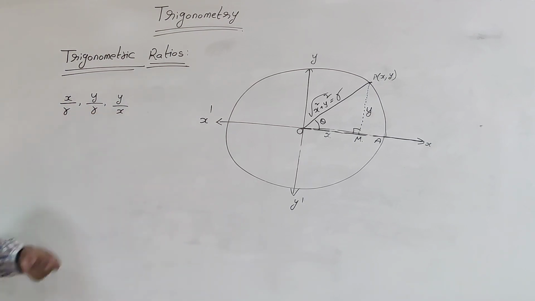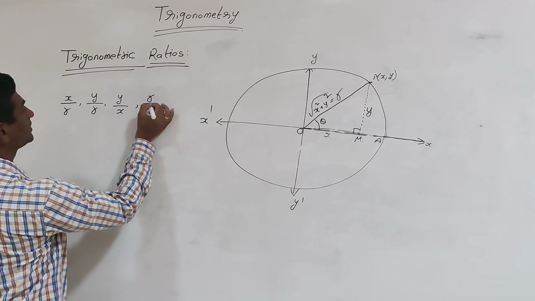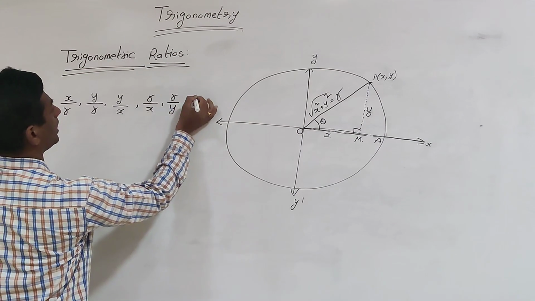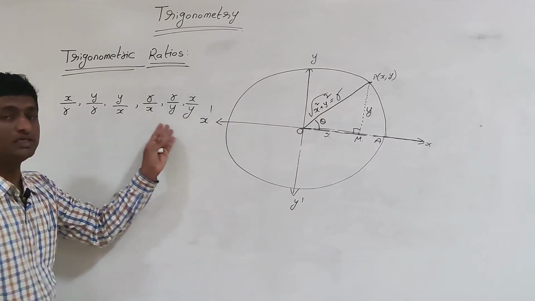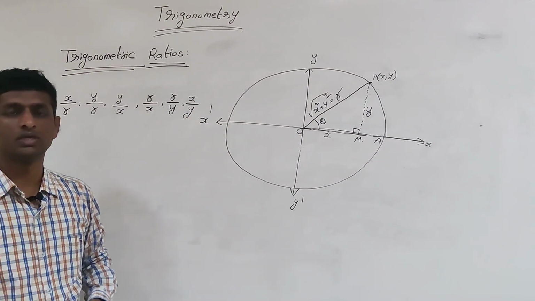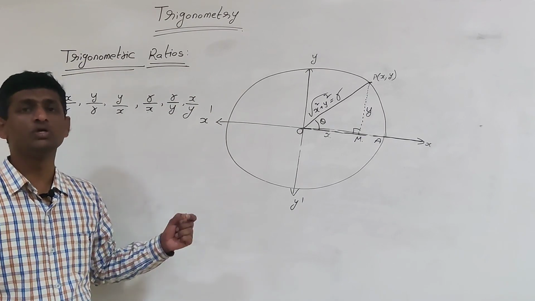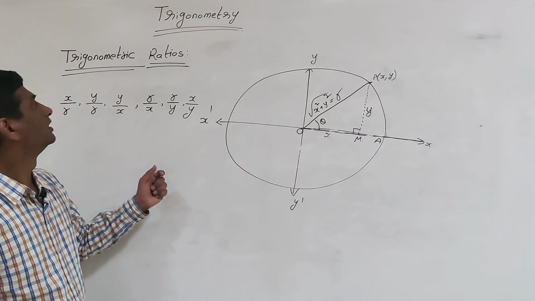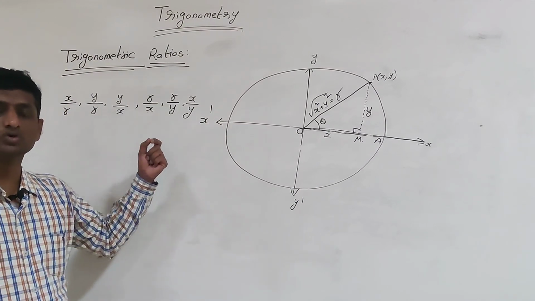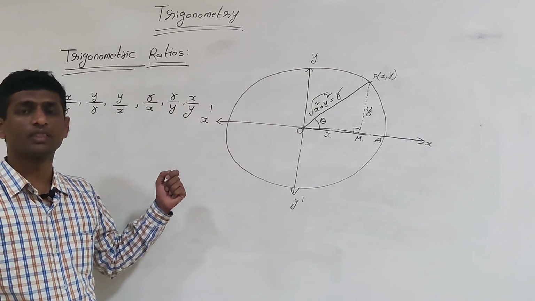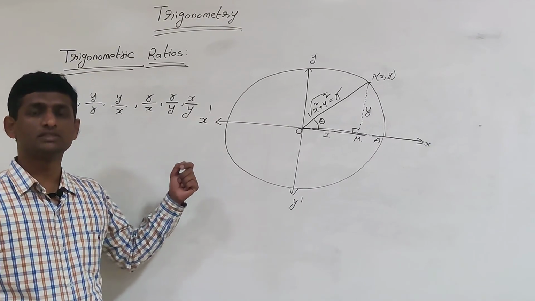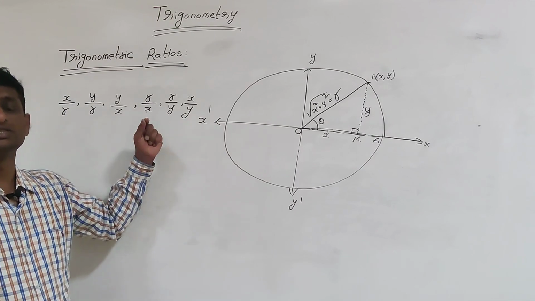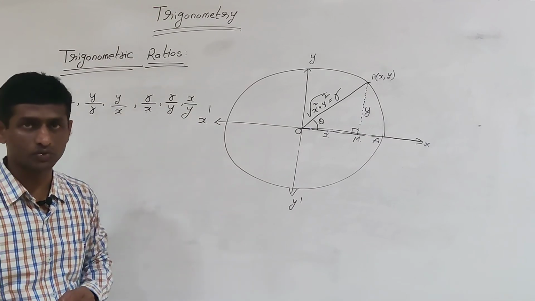Similarly the reciprocals also: r by x, r by y and x by y. So these are the 6 ratios, and each ratio has its own name: sine, cosine, tangent, cotangent, secant and cosecant, and they are called the 6 trigonometric ratios.